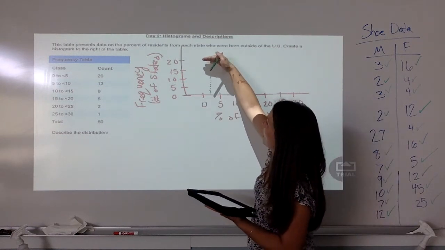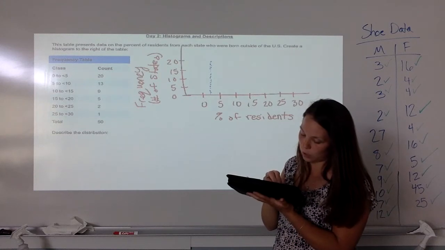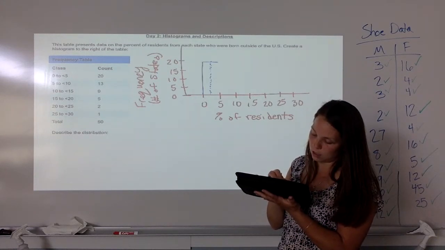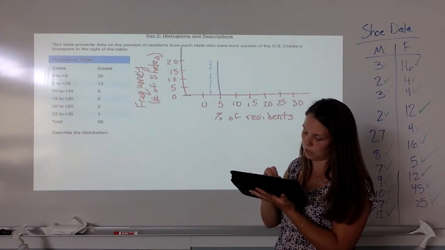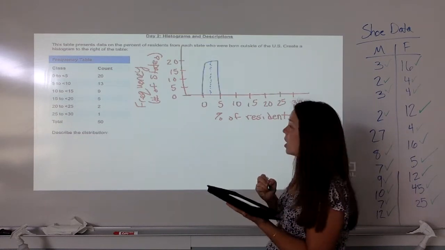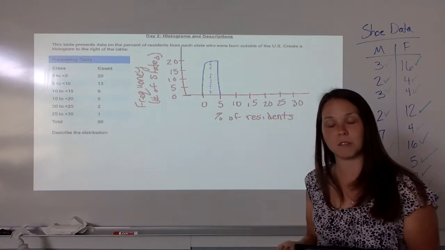We basically have 20 pieces of information stacked up on top of one another, and what that is doing is then creating the bar for us. Oops, I did not make that very even. Let's try again. All right, so that's our first bar. You don't need the dots here, but for some of you, that might be a visual that you like.